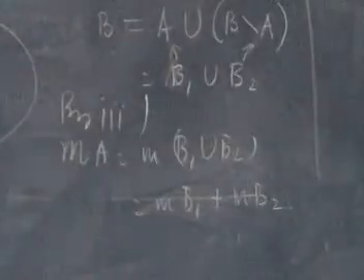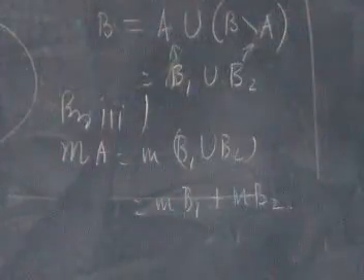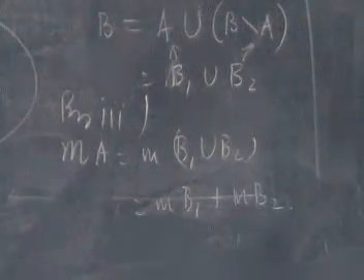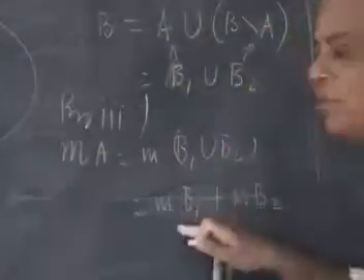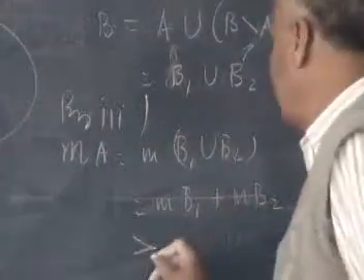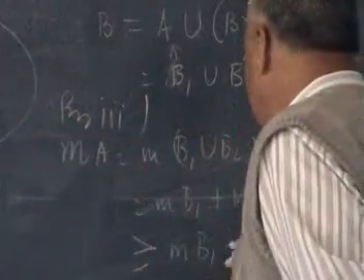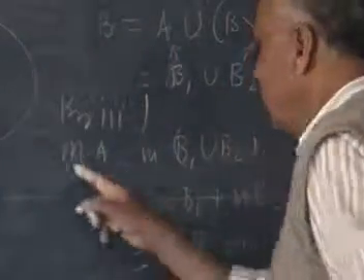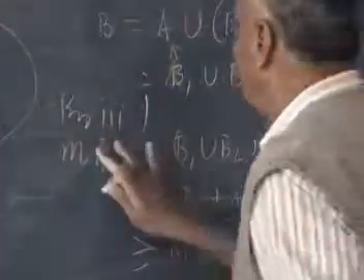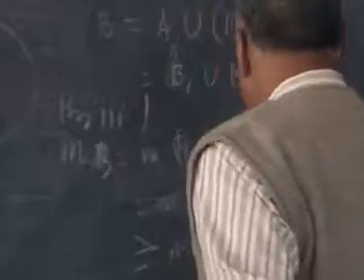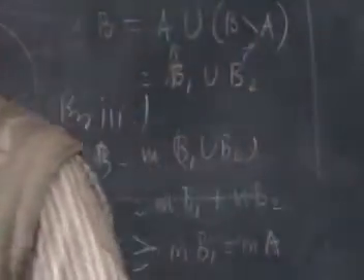Now, M of anything is non-negative. Therefore, M of B2 is non-negative. So we are adding something to M of B1. So therefore, it is greater than or equal to M of B1, which is equal to M of A. So M of B is greater than or equal to M of A. Here M of A is less than or equal to M of B.